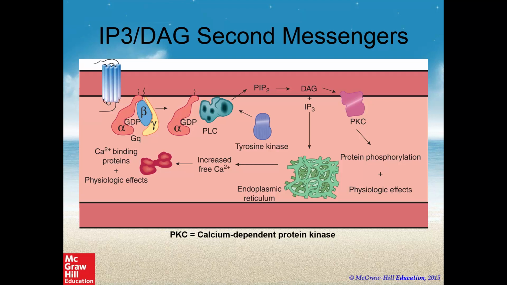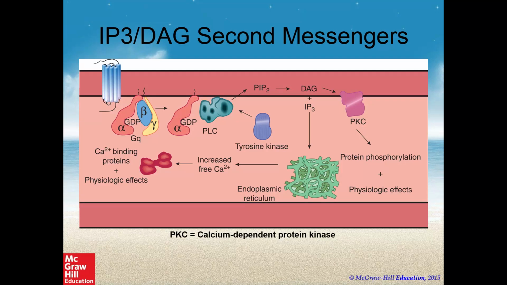It takes a membrane phospholipid called PIP2 and converts it into diacylglycerol and IP3. IP3 is soluble, so it diffuses through the intracellular fluid to the endoplasmic reticulum, where there are IP3 receptors telling the endoplasmic reticulum to release calcium into the cytoplasm from storage.